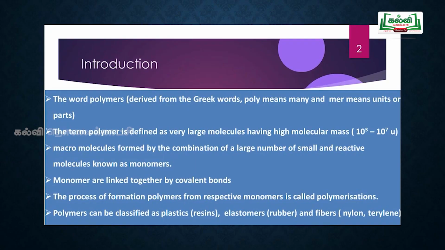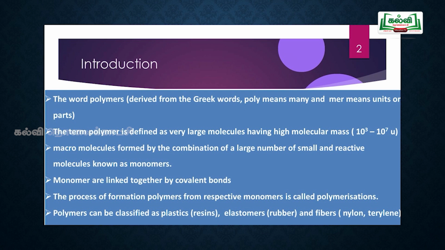What are polymers? This word is derived from a Greek word. Poly means many, mer means small unit. Many small units combined to form a big molecule is called a polymer. Polymers can also be called macromolecules.